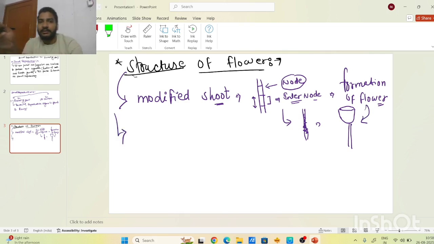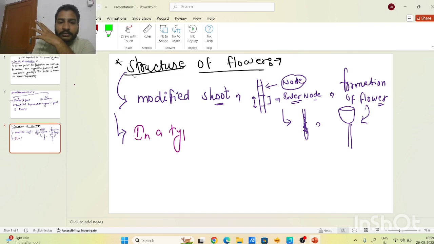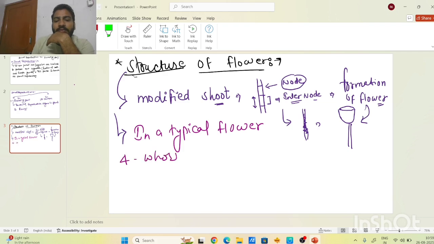In a typical flower, meaning the angiospermic flower, mainly four parts are present. We are saying that the four whorls are present. So here we can write, in a typical flower, four whorls are present.